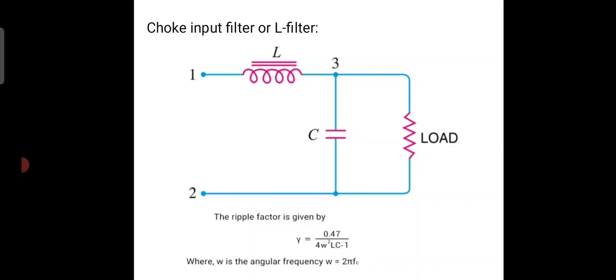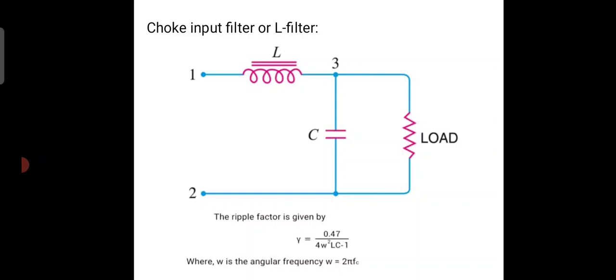Then at the terminal 3, the rectifier output contains both DC and AC signal which manage to pass through the choke. That AC signal will further move across the capacitor, leaving the DC signal at the point 3.